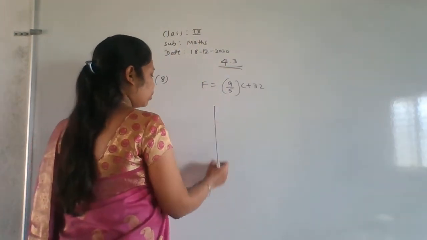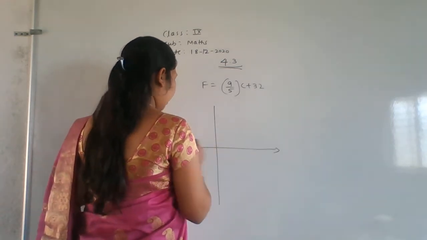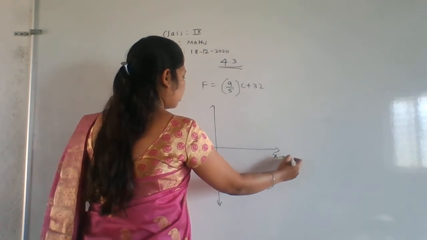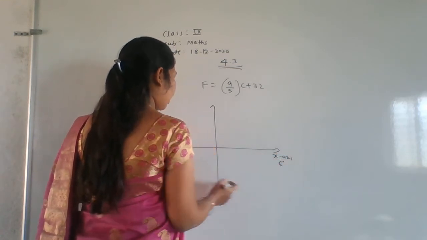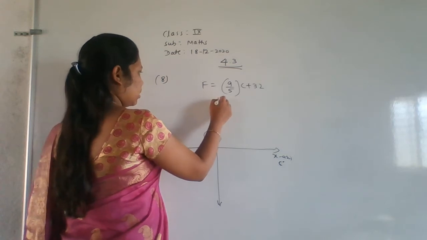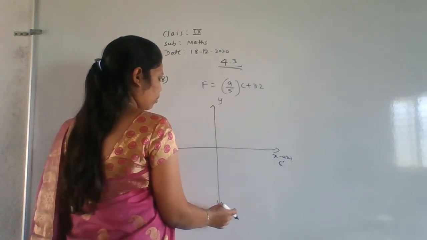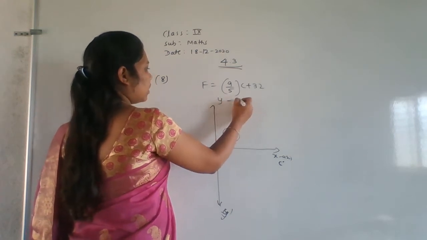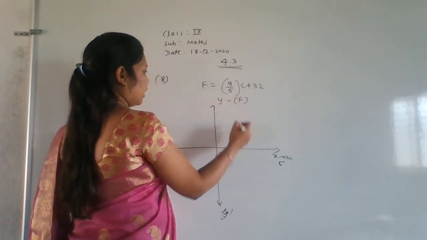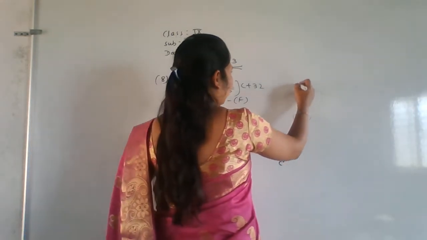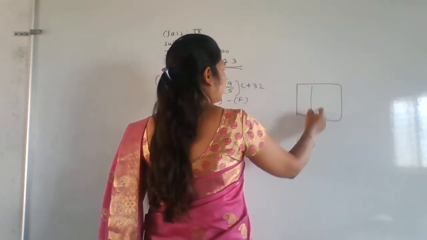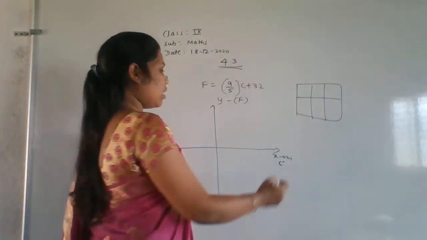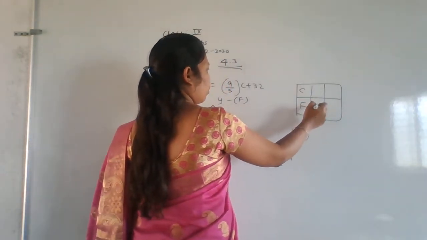So the x-axis is Celsius, and the y-axis is Fahrenheit in degrees. First find the values. Instead of taking x and y, I am taking Celsius and Fahrenheit only.